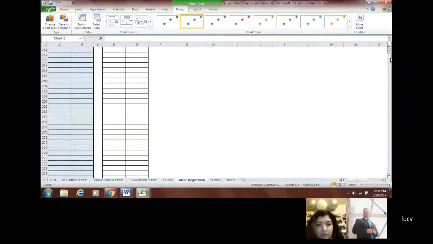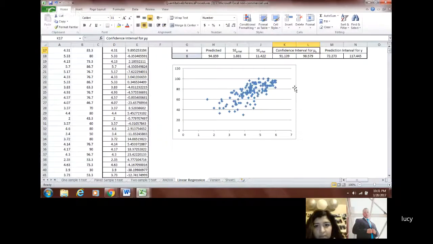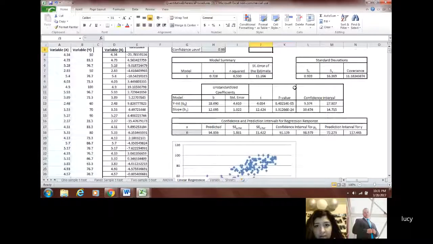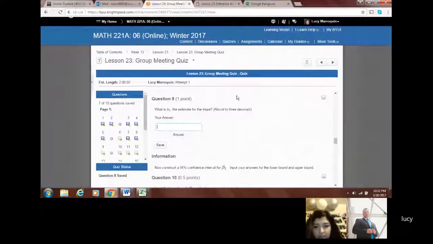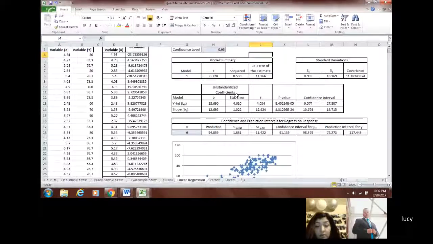Now construct a 95% confidence interval for beta 1 and put your answers for the lower bound and upper bound. 95. So for the lower, 0.035. Which answer did you have at number 9? Sorry. 0.042. Right? Yeah, and then question 10, I got 0.035.